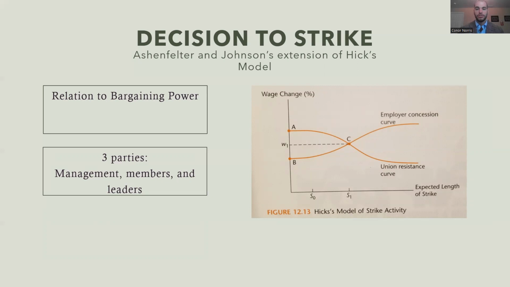So in this case, union leadership is basically forced to call a strike, even though they know it's unrealistic. This is what drives strikes, and especially costly strikes, because the rank and file union members think they can get much more than is really accurate or really possible. So we end up with these long drawn out strikes.